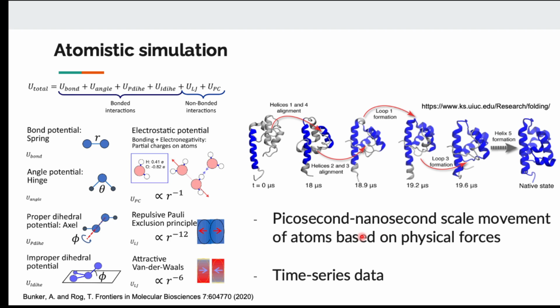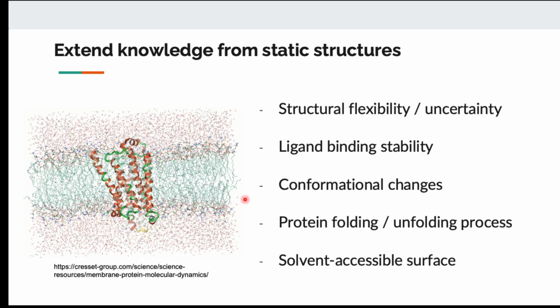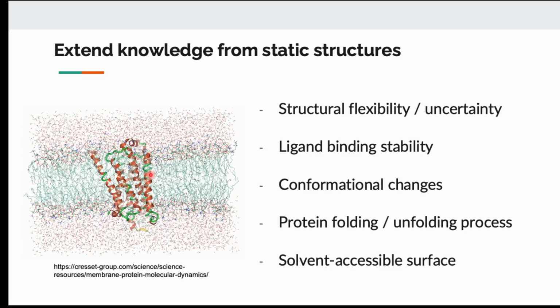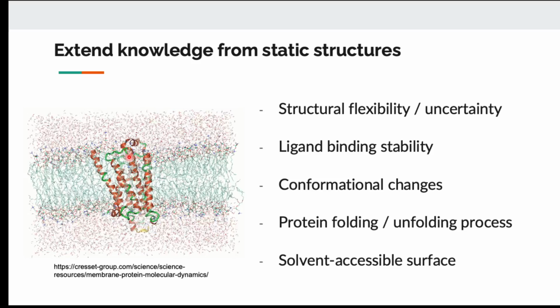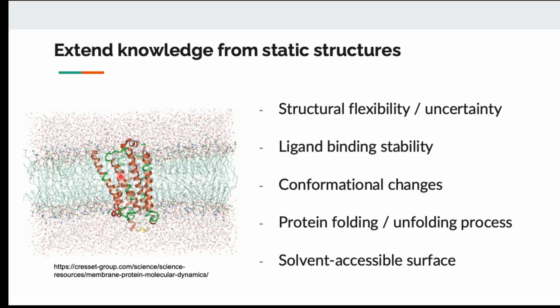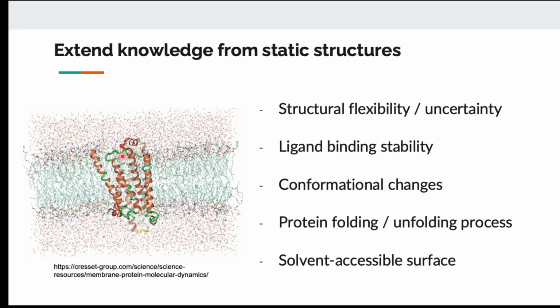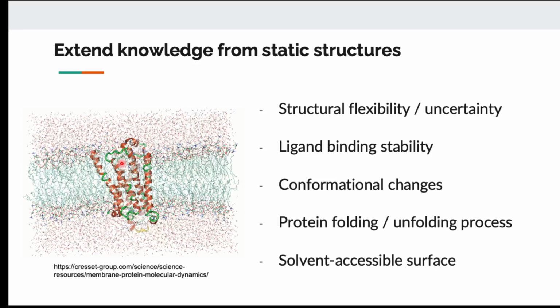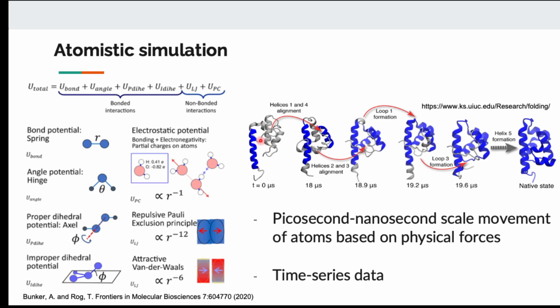These days, I'm not showing the details, but people are trying to accelerate the simulation. Instead of trying to optimize the atoms sequentially, people are trying to train AI, machine learning models, to predict what you would get if you start from this structure and you let it run for maybe 100 nanoseconds.